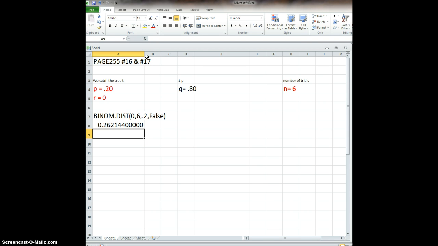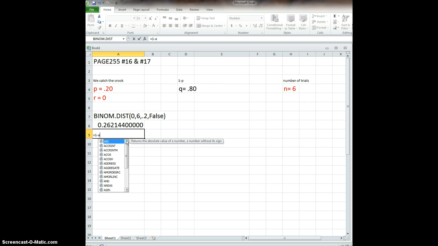Part B says, what is the probability that at least one crime will be solved? So we figured out the chances of 0. Everything else, any other option would be at least 1. So the quick way to solve this would just be to do 1 minus that.